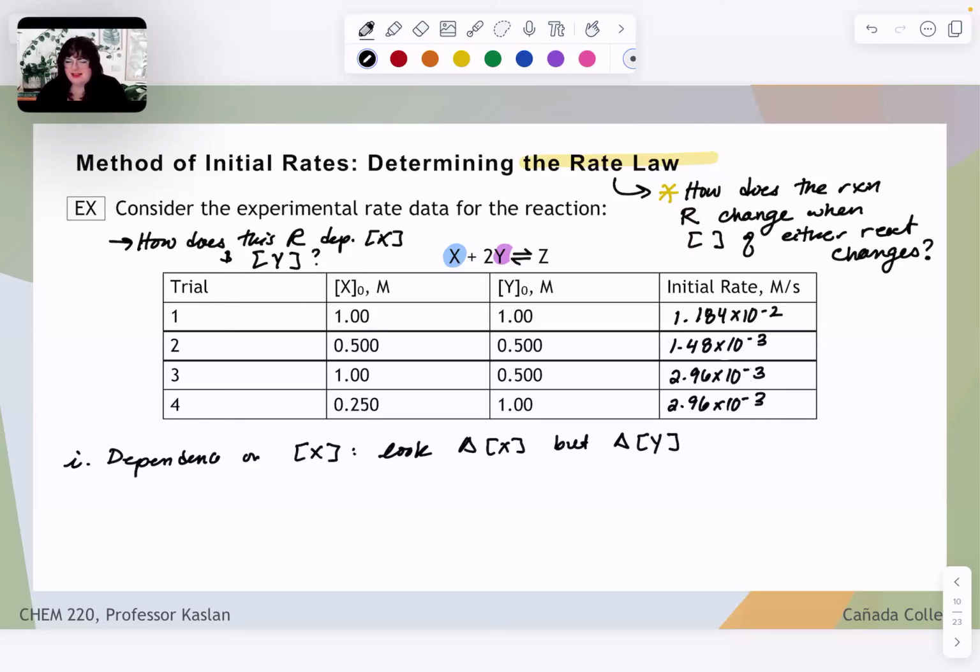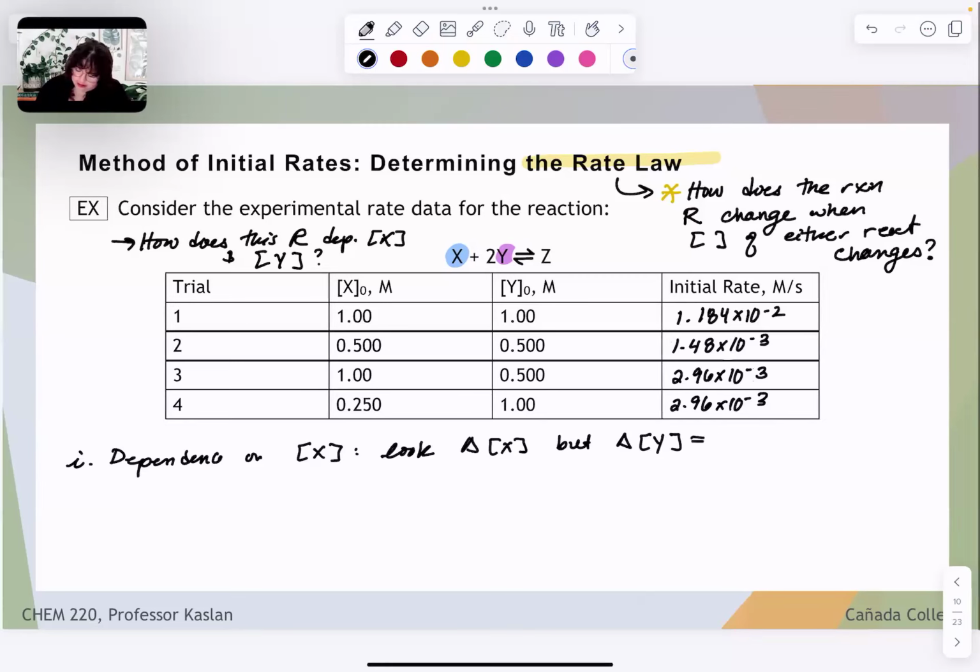We don't know if it's X that's responsible for changing the rate. We don't know if it's Y that's responsible for changing the rate. So we need to look at just one. So let's look at changing X, but keep Y constant.